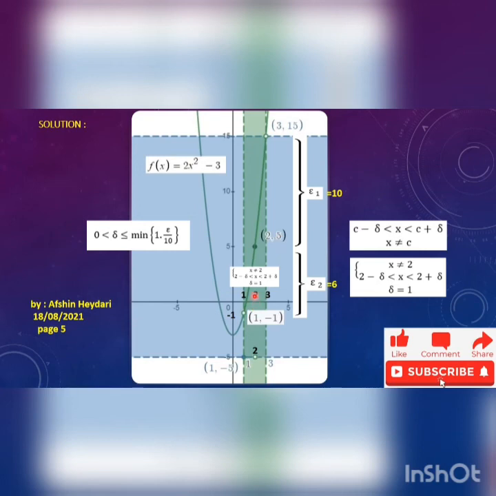As a matter of fact, 2 is a member of the domain of this function as well. So this function for 2 is defined, and f of 2 will be 5.